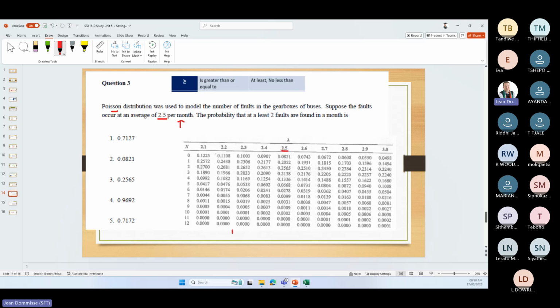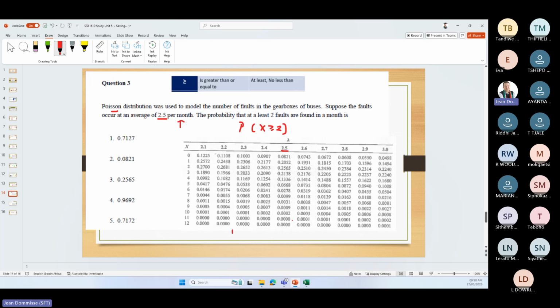So we've got 2.5. And then they ask us, what's the probability of at least?